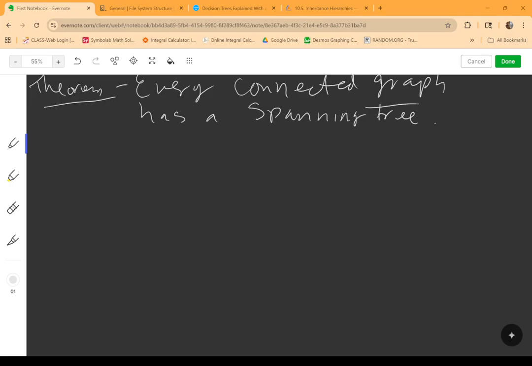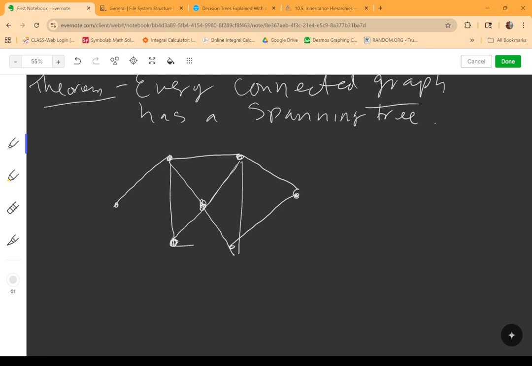Okay, so as we see here, we have a connected graph, clearly not a tree, right?